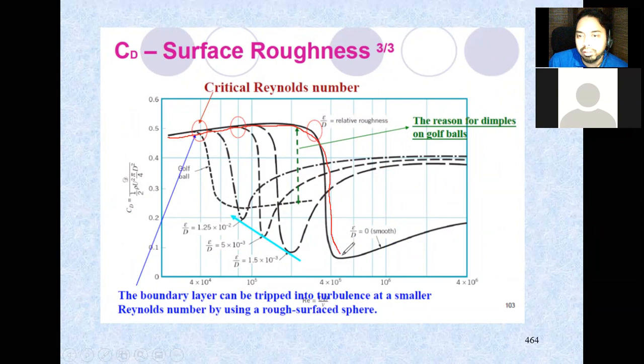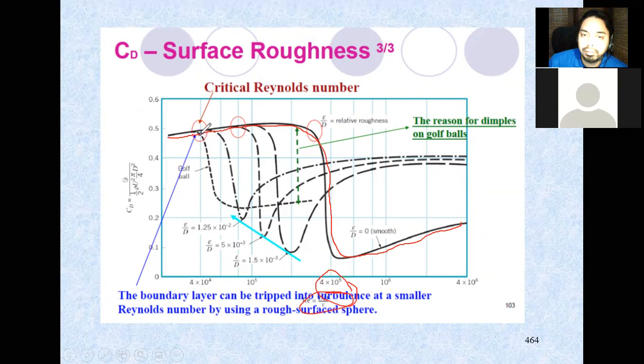The red one is when you have a smooth ball, sphere, for example, flowing with different Reynolds numbers. As the Reynolds number increases, you have a slight change in the drag, and then when it becomes turbulent, at 5 times 10 to the power of 5, you have a decrease in the drag.